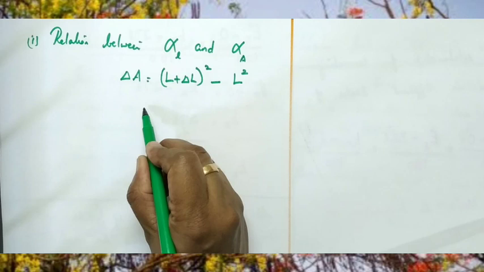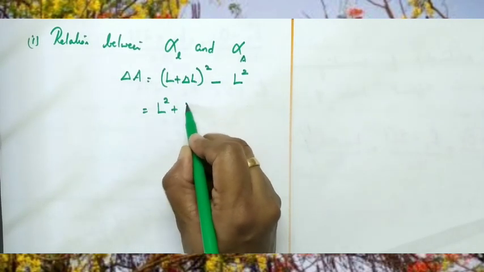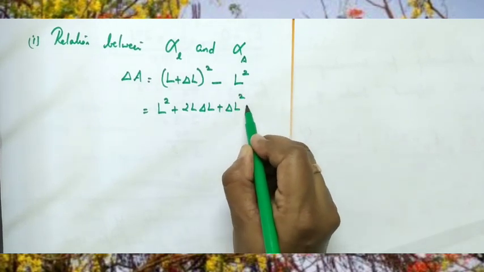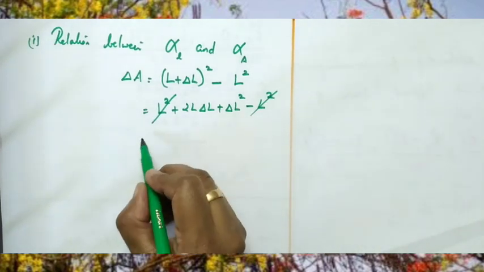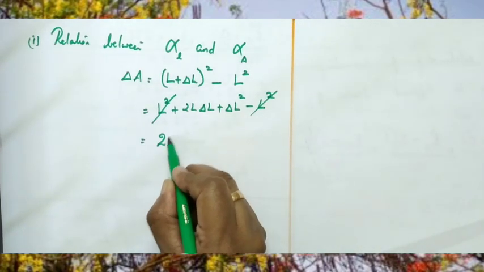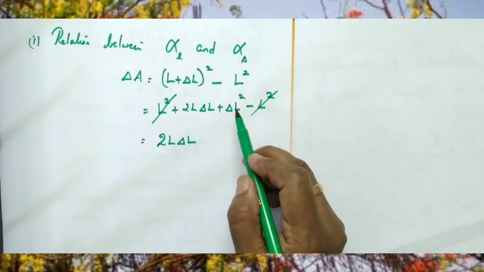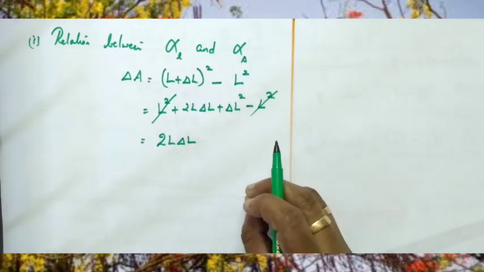Clear? So, we can simplify it. L plus delta L the whole square can be written as L square plus 2L delta L plus delta L square, minus L square. Clear? So, L square and L square get cancelled, and we get 2L delta L. Here, delta L square can be neglected because the value of delta L is very small, of the order of millimeter or less.